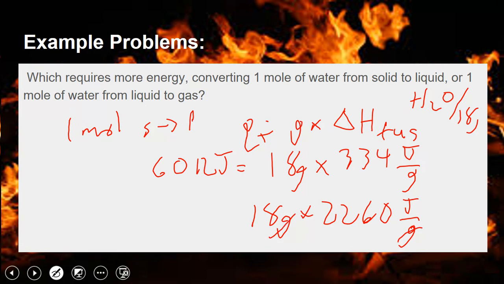It's the same amount, 1 mole of water has 18 grams in it. So 18 times 2260 is 40,680 joules. As you can see, the amount of energy required to go from liquid to gas is significantly more, almost 10 times as much as the amount of energy to go from solid to liquid.